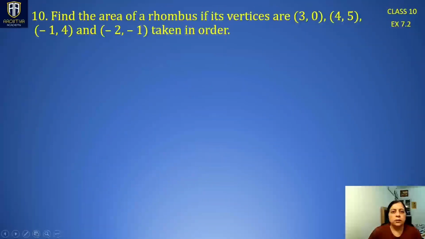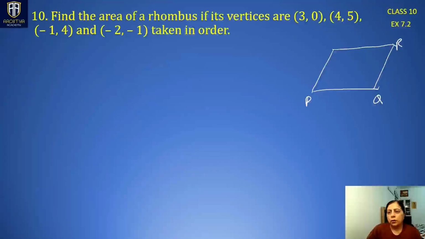The last question is, find the area of rhombus if its vertices are P, Q, R, S, given in order as 3, 0, 4, 5, minus 1, 4, minus 2, minus 1.